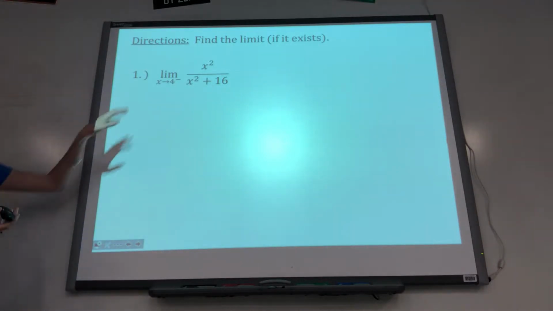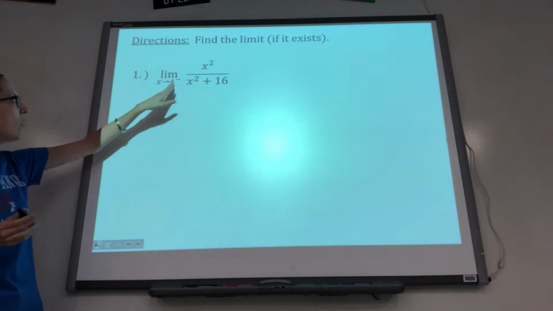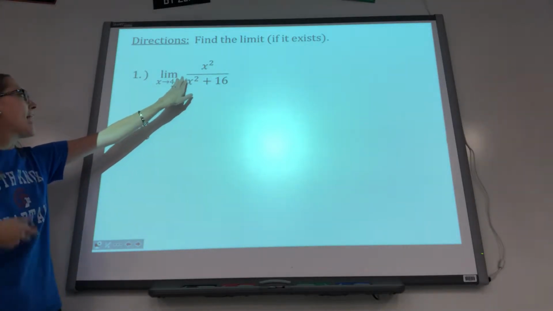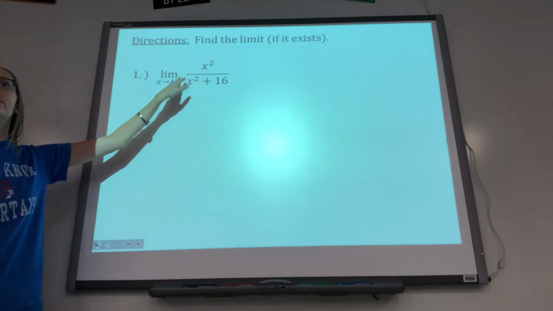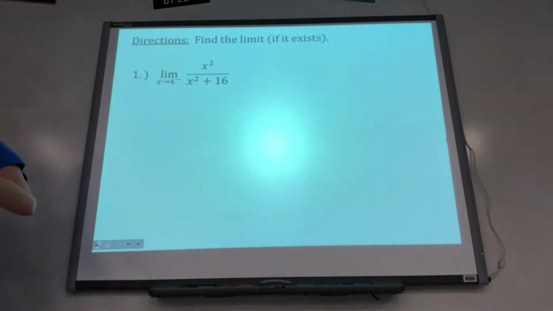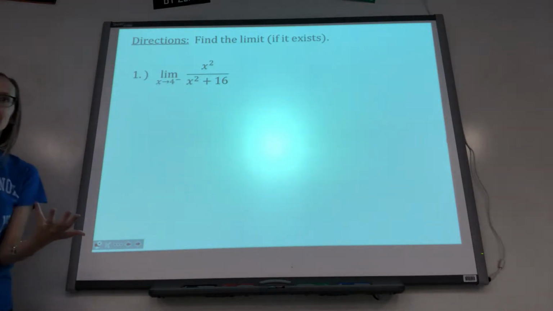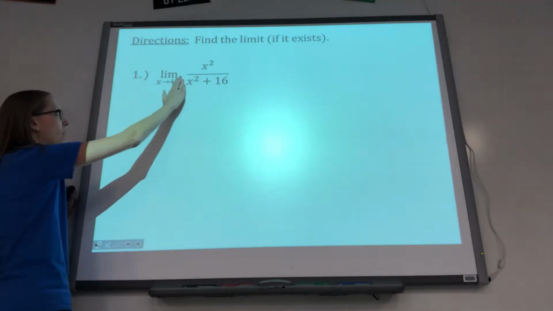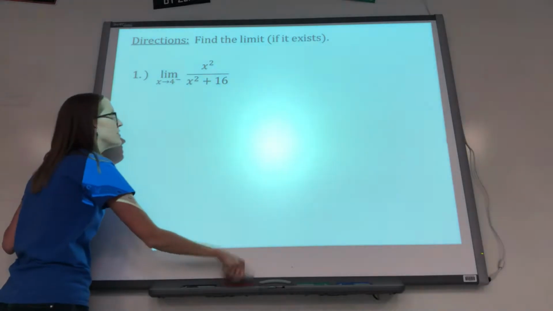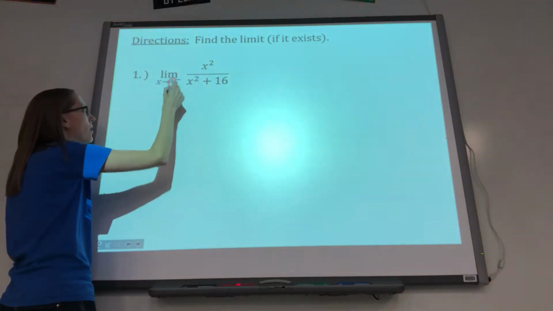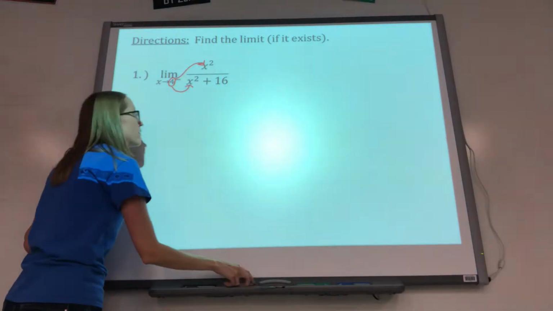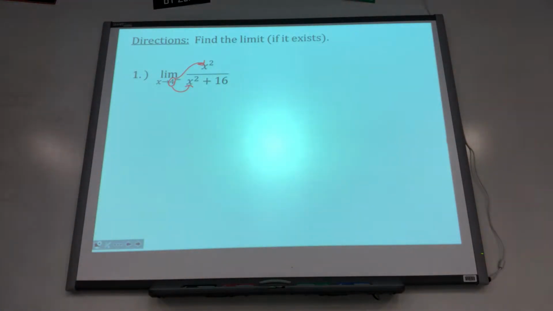So on this problem, for right now, I'm going to ignore that minus sign, and I'm going to see if I can do this just by approaching 4 from both sides. First thing I do in any limit problem is plug in the value of x that I'm approaching.